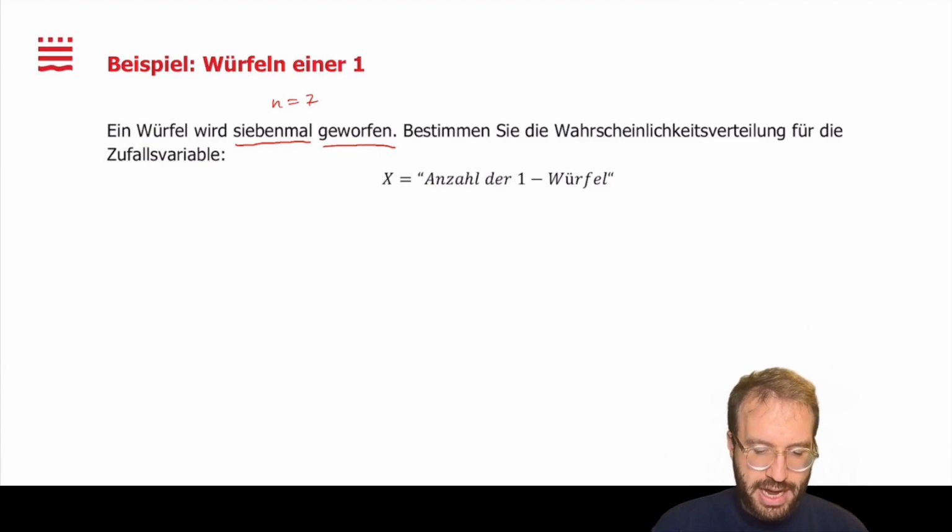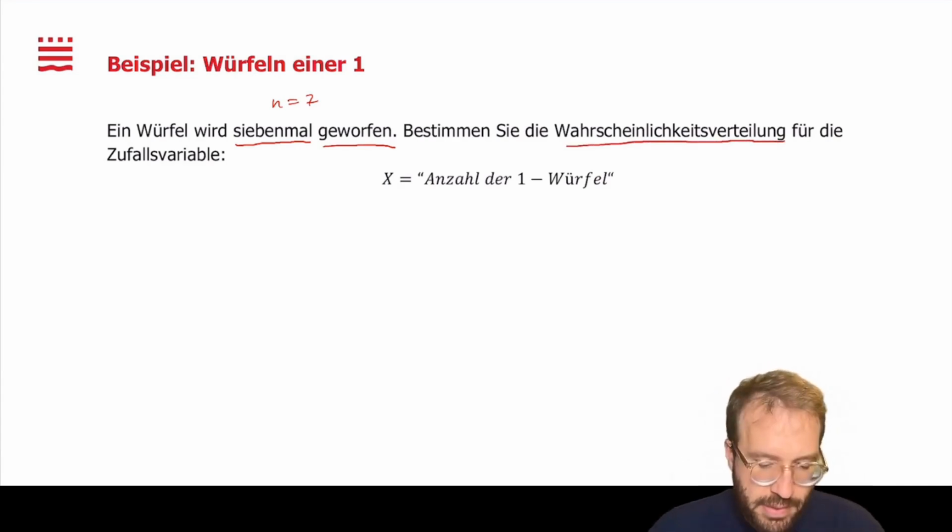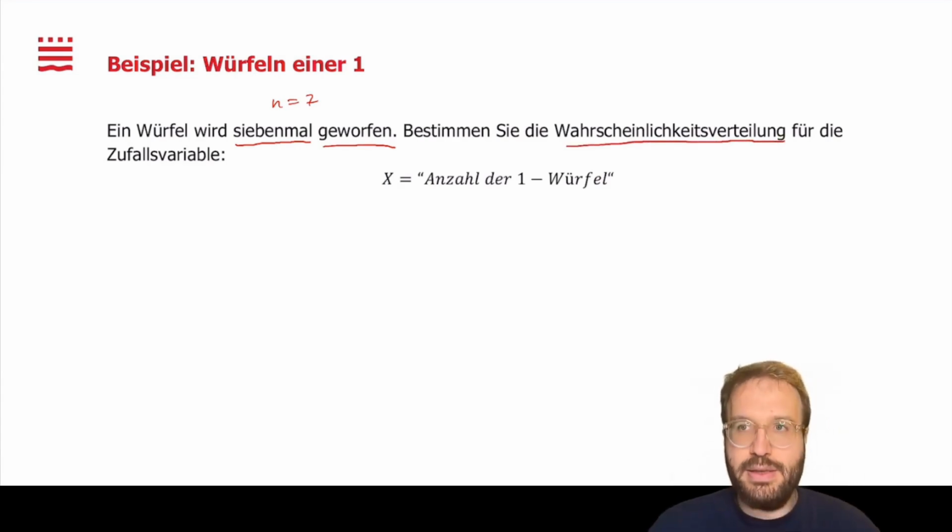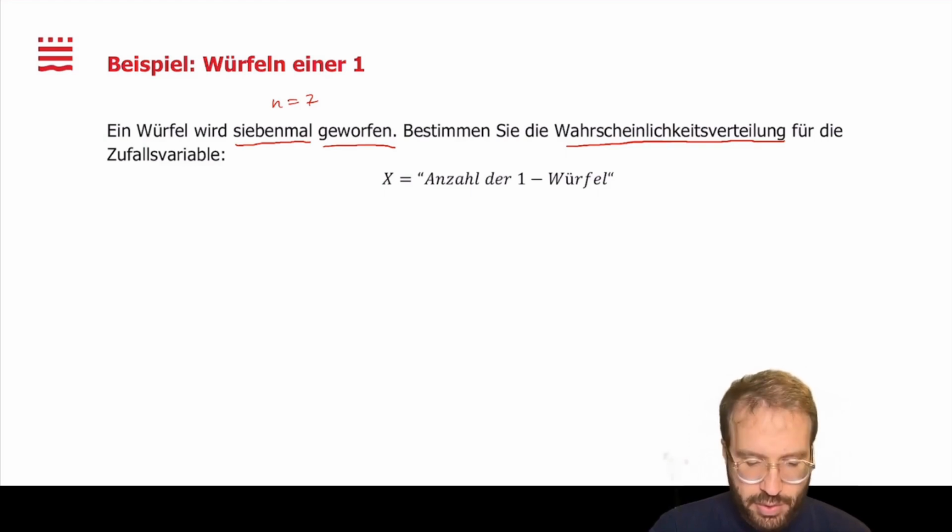And what we want to do now is determine the probability distribution of this random variable. And you can see right away that it's a discrete random variable because we only have a finite number of outcomes. We can only roll a 1 a maximum of 7 times, which means the possible outcomes are obviously 0, 1, and so on up to 7.